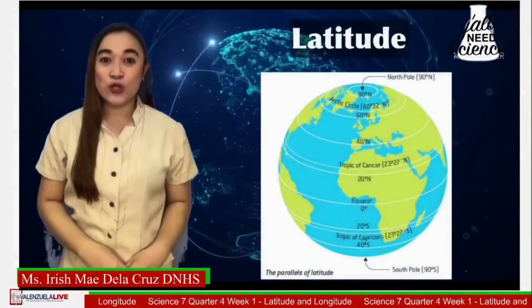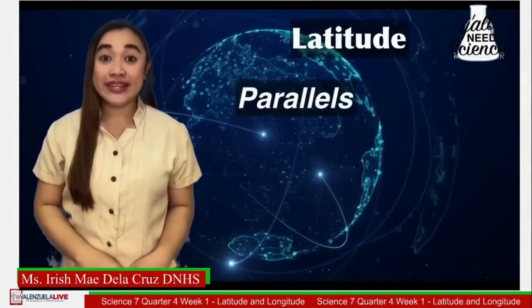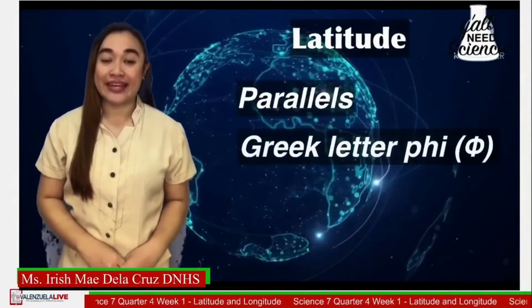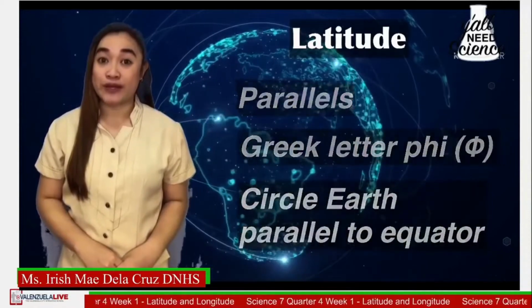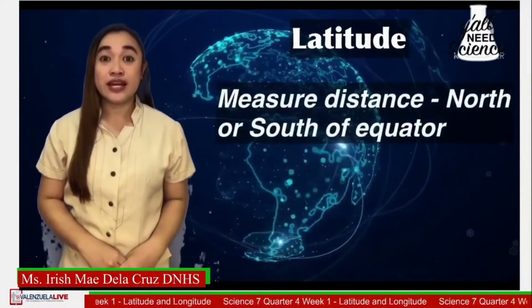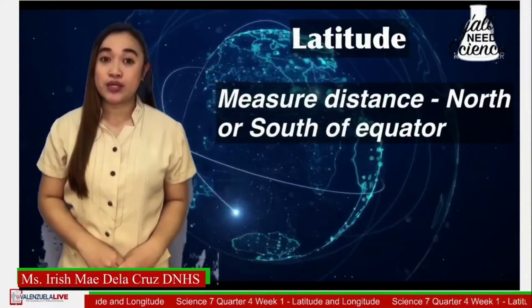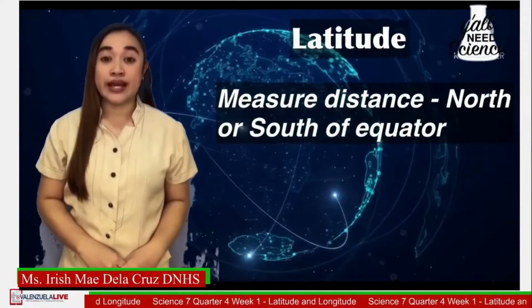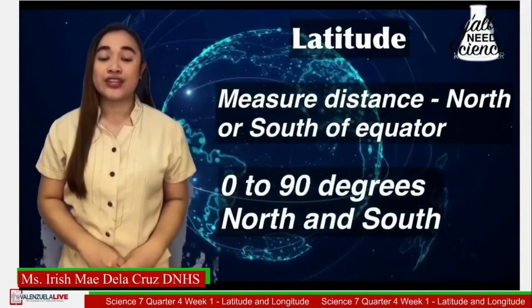Latitude is also known as parallels, represented by the Greek letter pi. Circle Earth parallel to equator. Measure the distance from north or south of equator. When we say latitude, it goes from 0 to 90 degrees north and south.